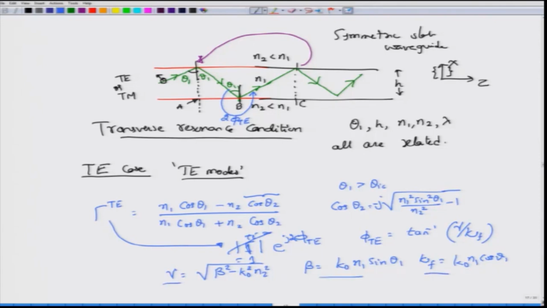Well, you look at the film case. So, this is the k vector, right. This k vector is directed along minus x direction and plus z direction.